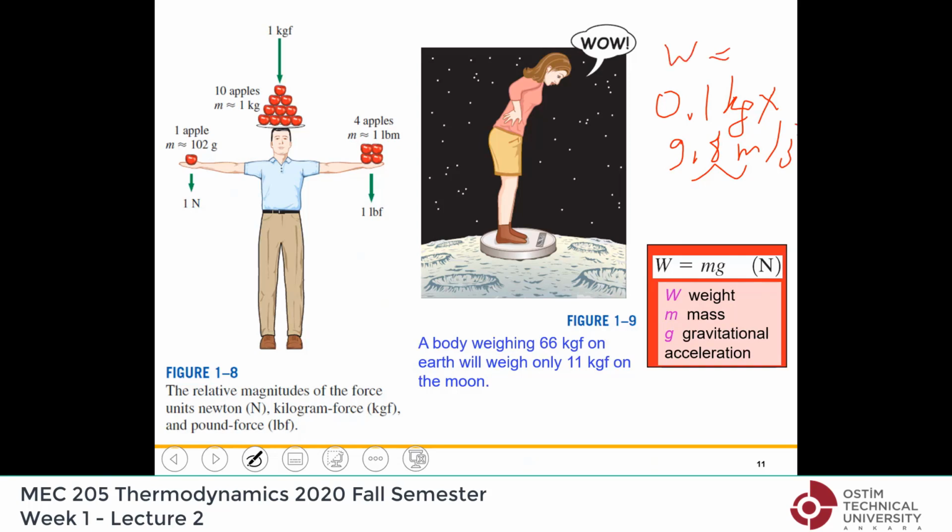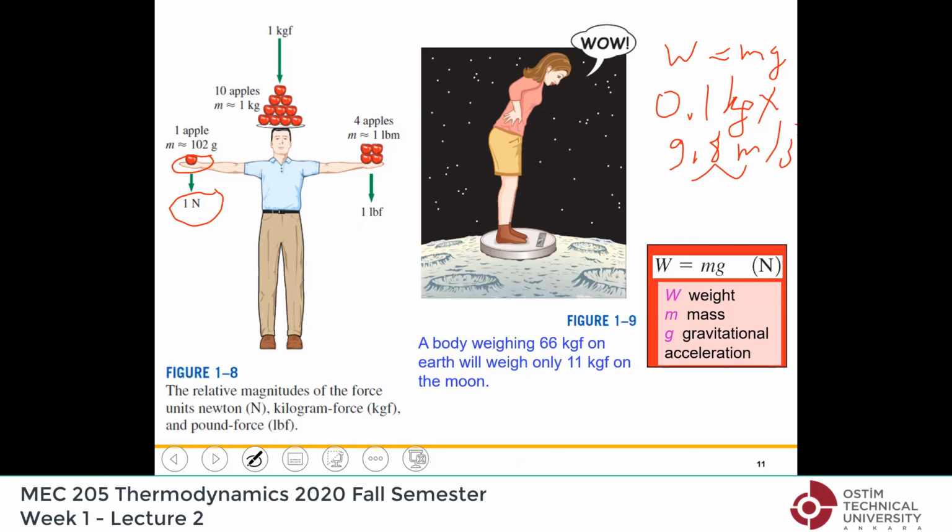So from weight is mg, if you multiply them, it is almost like 1 Newton, right? 0.1 times almost 10. Therefore, it gives us a new definition for Newton to help you visualize. It is simply the weight of an apple, which is 102 grams. You can imagine the weight of an apple. So 1 Newton is that force, the force of gravity acting on a kind of a medium-sized apple.